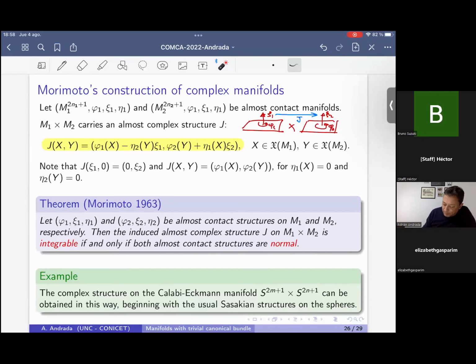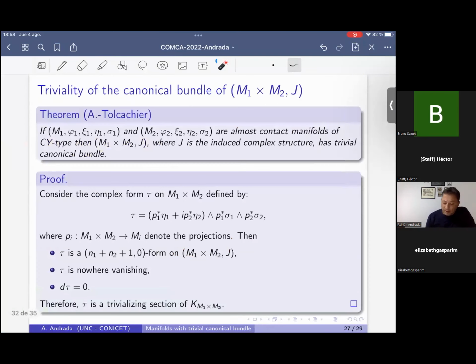But then we can ask again when the canonical bundle of this complex manifold is trivial, and it's easy to see that when we begin with two almost contact manifolds of CY type, then this manifold has trivial canonical bundle. It's easy to see with all the information here.